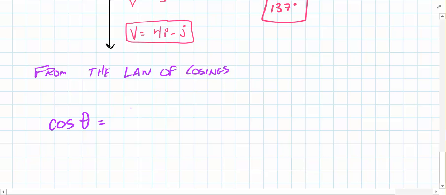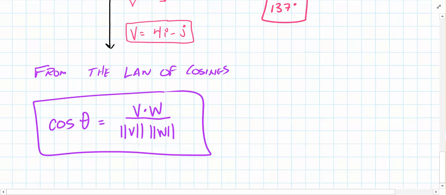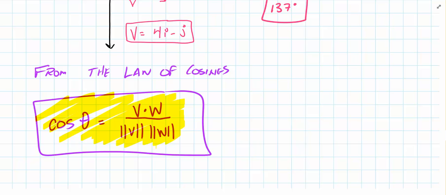Cosine of that angle is nothing more than v dot w divided by magnitude v times magnitude w. That's it. That's an important piece of information for us. All right, so the cosine of that angle is the dot product divided by the product of the magnitudes. So what three pieces of information do we need?